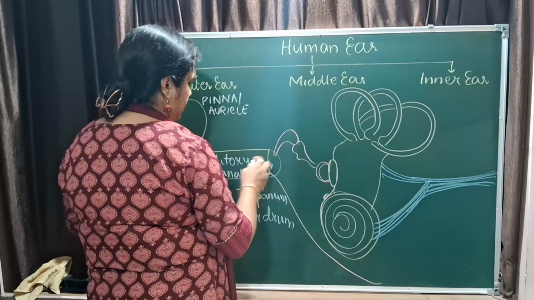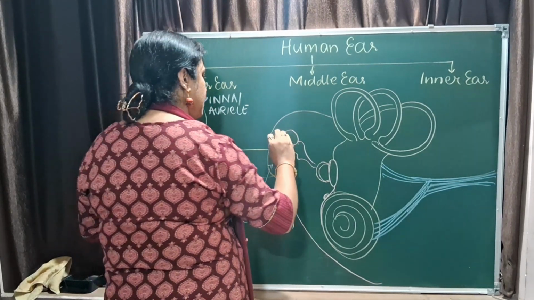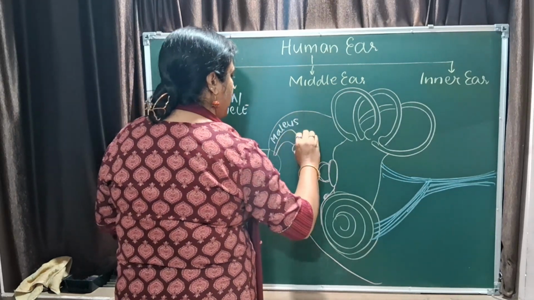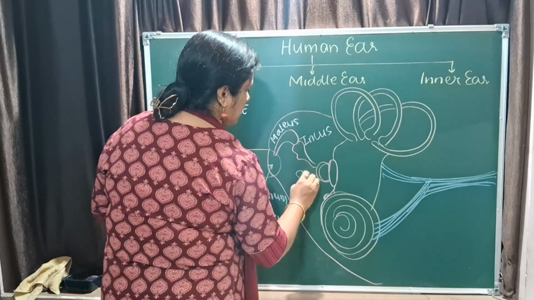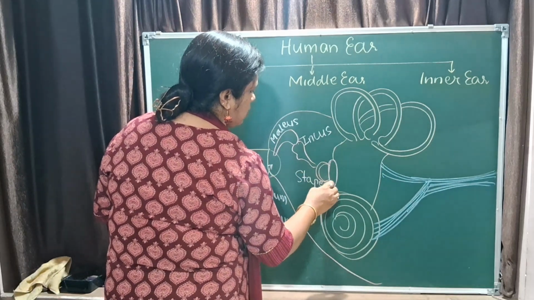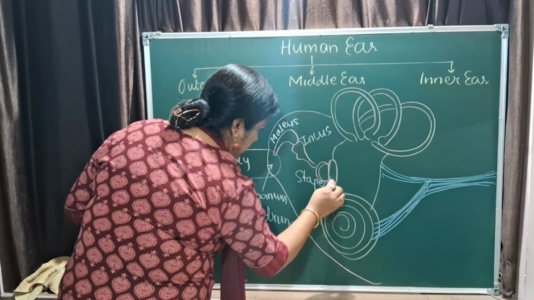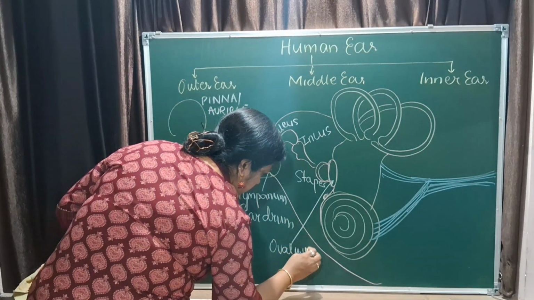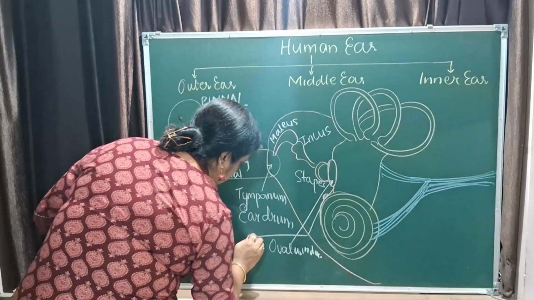This is your middle ear. You have malleus, incus, and stapes. Stapes is the smallest bone present in your body. This is the oval window. Okay, this is the round window.